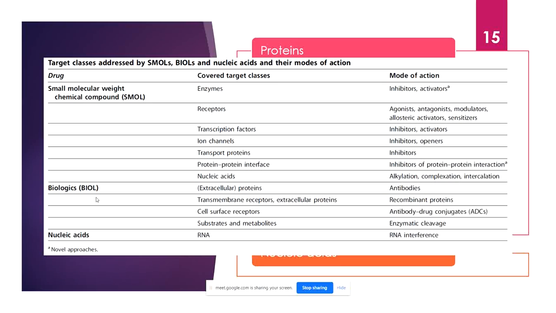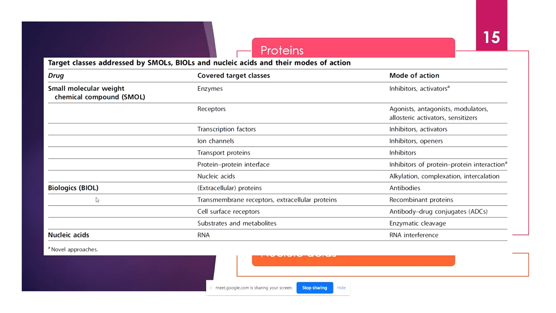So whenever you design a protein or a peptide or some aptamers, you know about aptamers, right? Aptamers are generally small stretches of RNA or peptide coupled with DNA. These are the general aptamers, and those also fall under the biologics category.